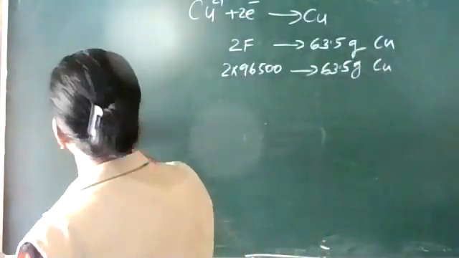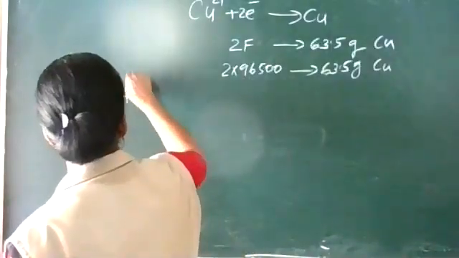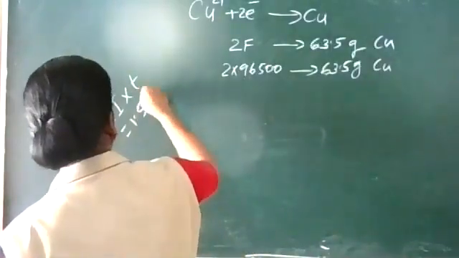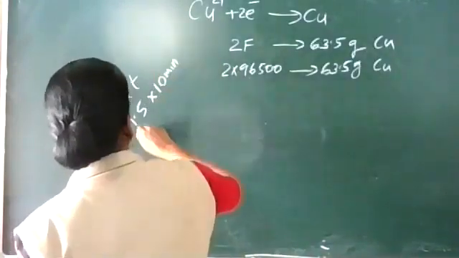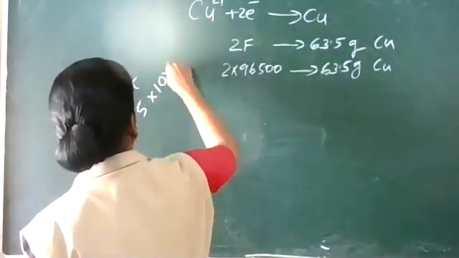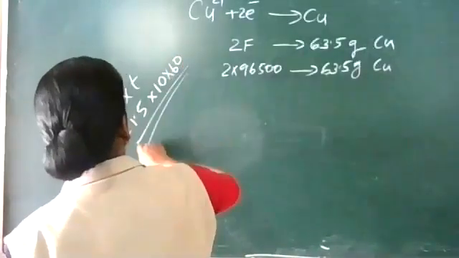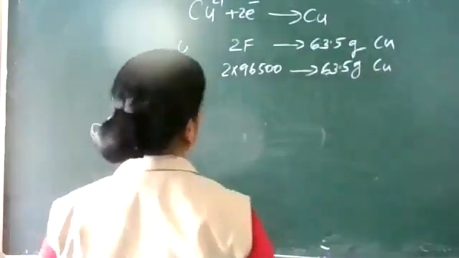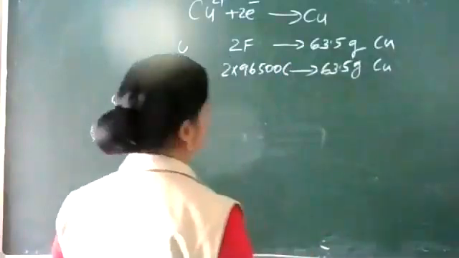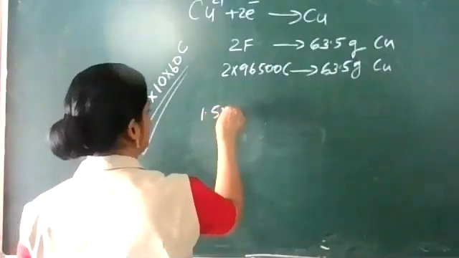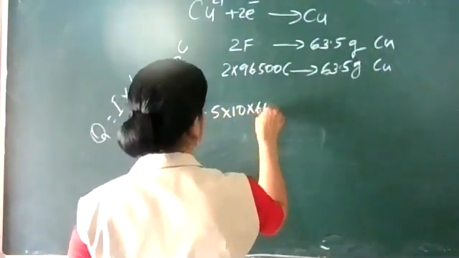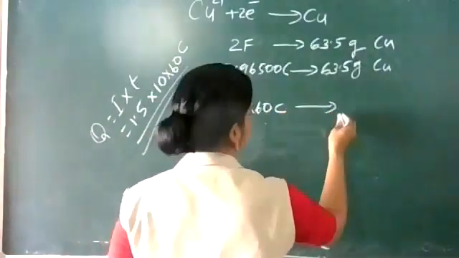So Q is equal to I into t. I is 1.5, t is 10 minutes, means 10 into 60. So this much coulombs gives that. So 1.5 into 10 into 60 coulombs will deposit how much?